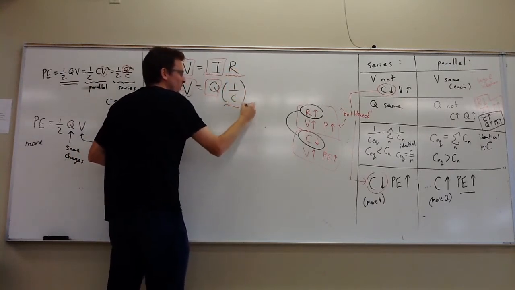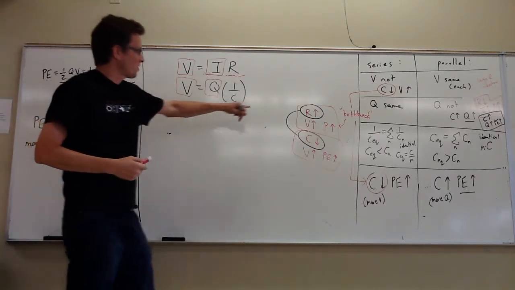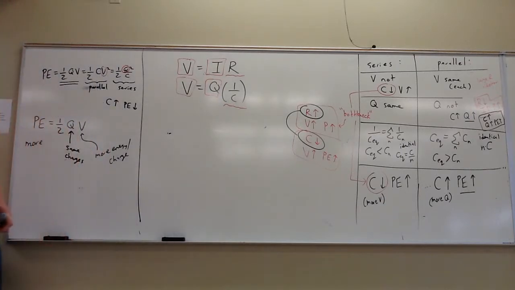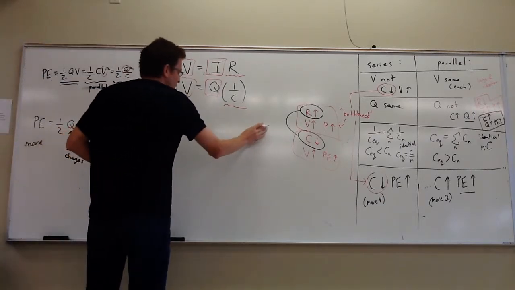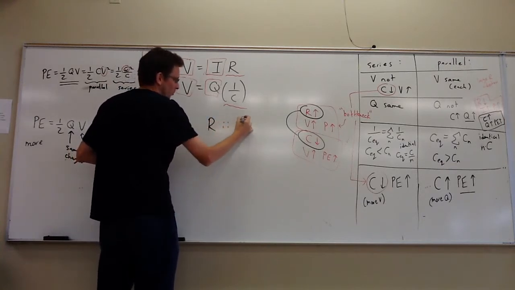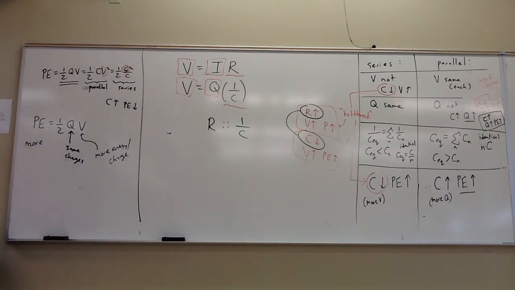R is like 1 over C, right? And that is exactly why large resistances are like small capacitors, right? So large resistor, I don't know what the analogy symbol is. R is like 1 over C. Does that seem right? It's been a while since I took the SATs.